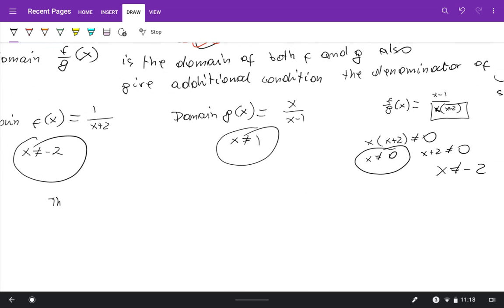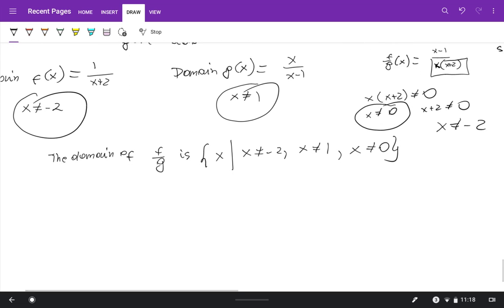So the domain of f over g is all the x's such that x cannot be equal to negative 2, x cannot be equal to 1, x cannot be equal to 0. And using interval notation, if you graph it, this is what we have: negative 2, 0, 1.